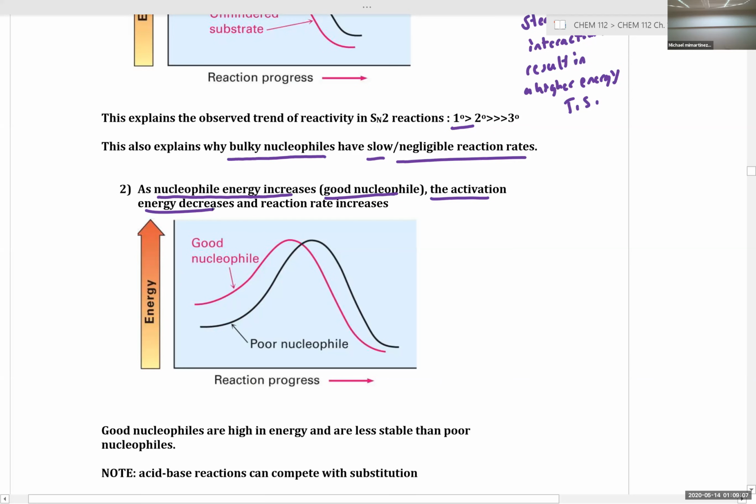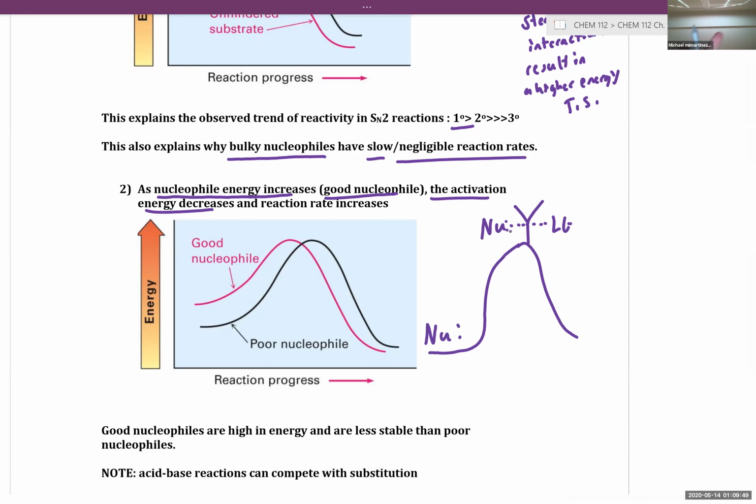To talk a little bit about why that is, if we look at our nucleophile here, and we think about our transition state, where our nucleophile is attacking and forming a bond with our desired carbon and our leaving group is leaving, the nucleophile energy in the transition state and in the reactants doesn't change substantially.